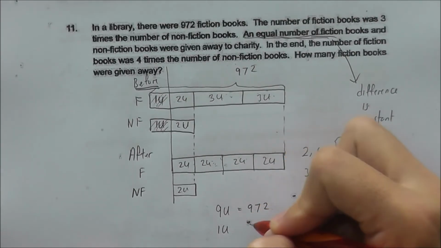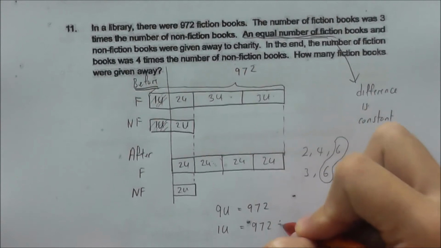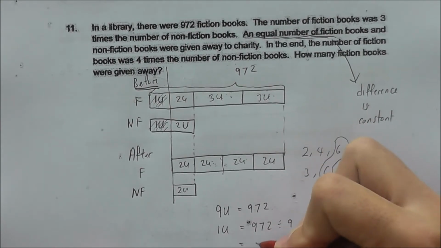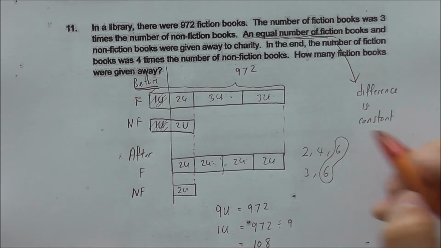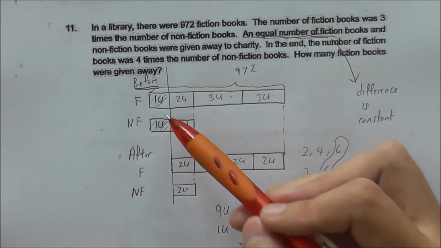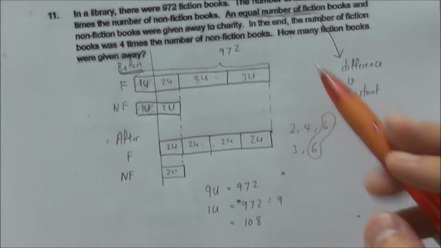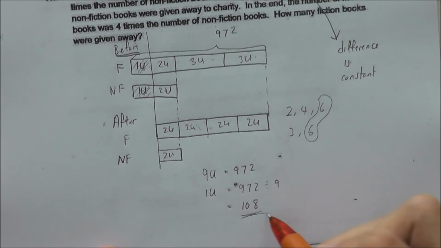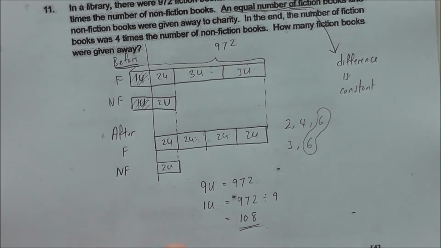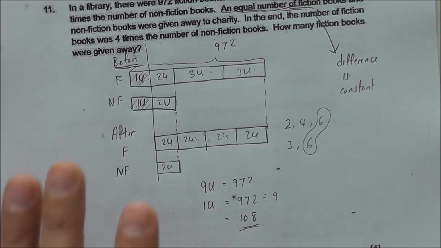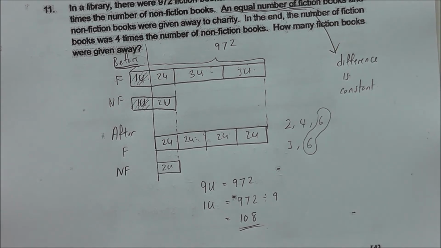So of course we find 1 unit. 1 unit will be 972 divided by 9. That will be 108. And how many fiction books were given away? Guys, given away is 1 unit, right? So it's just nice. So the answer is 108. See, the calculation is actually very straightforward. But what is tedious is drawing the correct model. Once you draw the correct model, your calculation will be very easy. Okay?